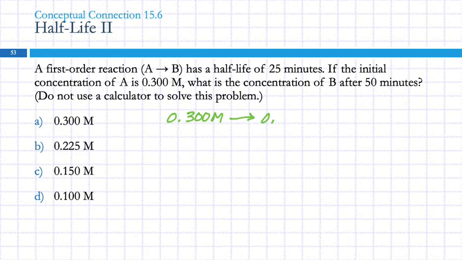So one half-life passes, now we've got 0.150 molar. So one half-life is 25 minutes. So this is 50 minutes, so we need to go another 25 minutes, another half-life. So what's the concentration going to be? Yeah, it's going to get cut in half again. Every half-life, it gets cut in half. That's true for first-order reactions.